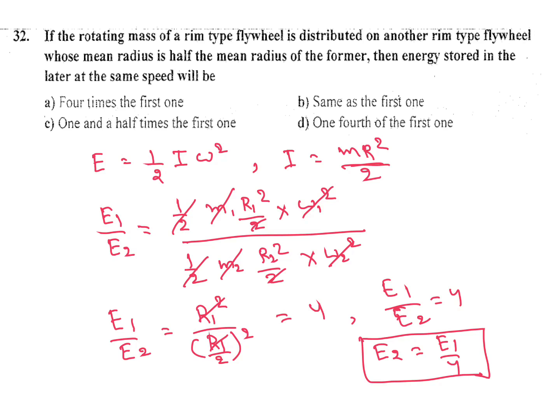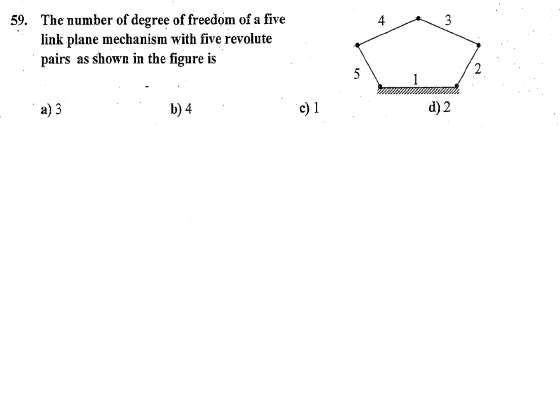The number of degrees of freedom of a 5-link plane mechanism with 5 revolute pairs as shown in the figure is: already discussed, degree of freedom or mobility equals 3 into (n minus 1) minus 2 P1 minus P2. Number of links is already given as 5, with 5 revolute pairs.